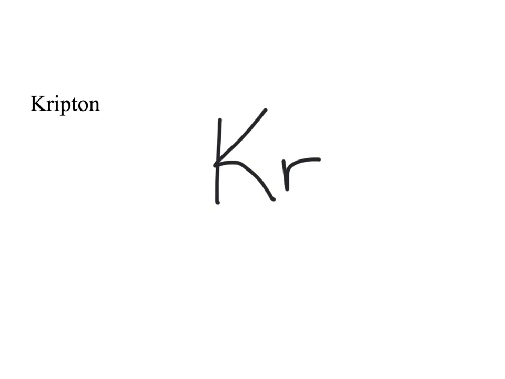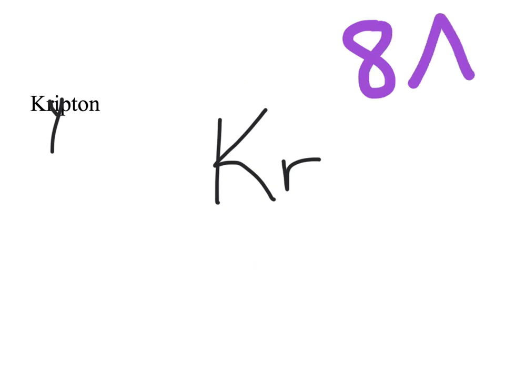Ready? Have you done this? It's krypton, actually. Let's see if this is what you got. Krypton is in group 8A. It means it has 8 valence electrons.